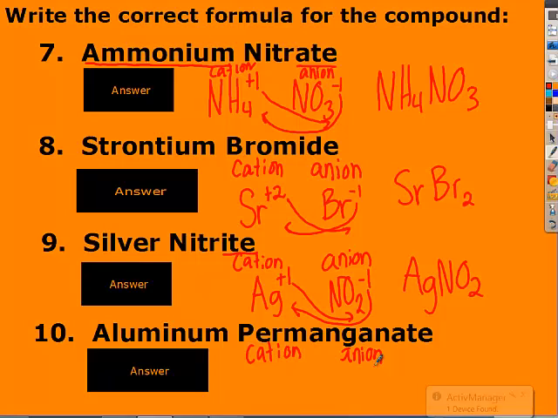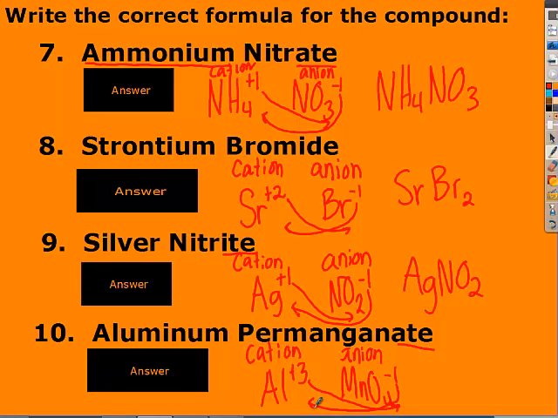Aluminum has a +3 charge. That is number 13. So it's going to be Al +3. Okay. And then permanganate. Here goes that ending ate that I talked about. So go. There it is. If you look on the back, MnO4 -1. I'm going to cross my charges. This will go here, this will go here.